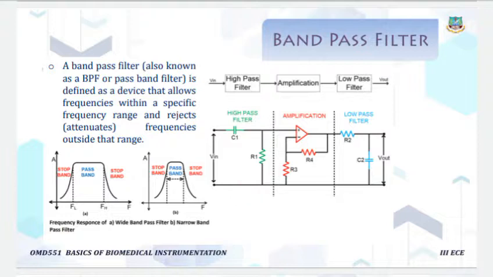In this high pass filter, it is used to isolate the signals which have frequencies lower than the cutoff frequency. There will be some value for the cutoff frequency. And this is the low pass filter, which is used to isolate the signals which have frequency higher than the cutoff frequency.